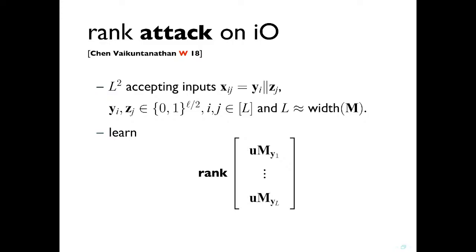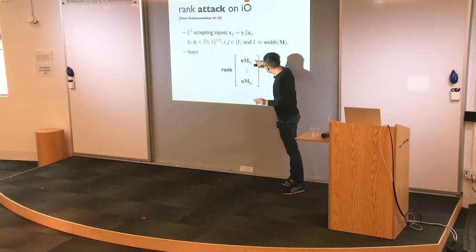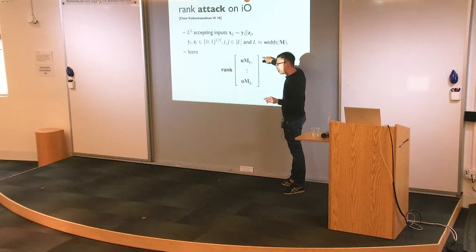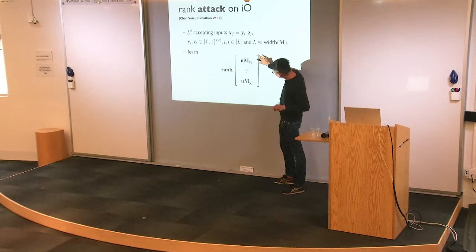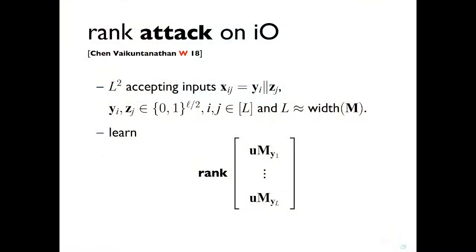What is the rank supposed to teach us? Good question. It tells you something about the internal state of the program. If you pick this thing correctly, it tells you whether these inputs are spread out across many different states, or compressed and concentrated on a small number of states.